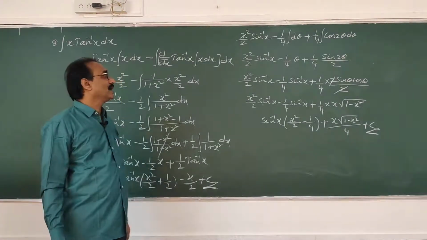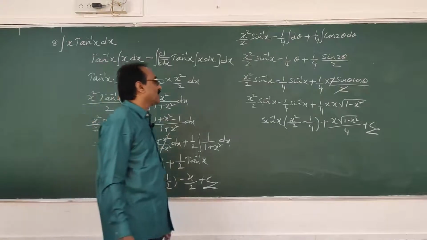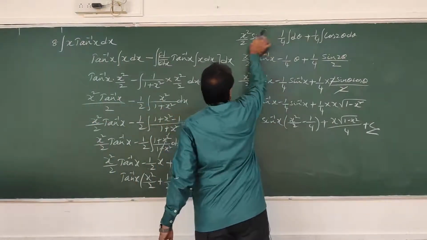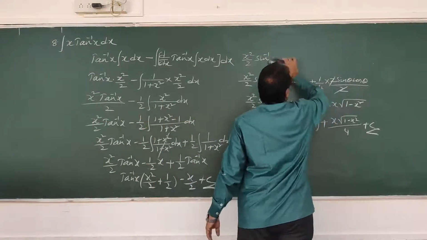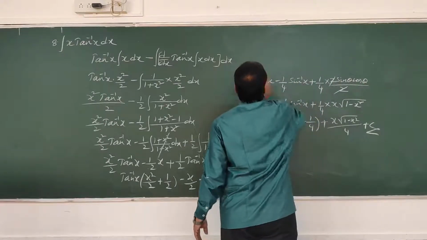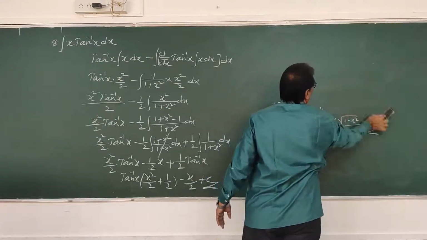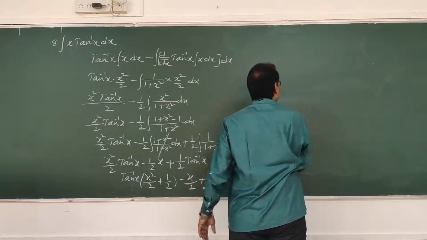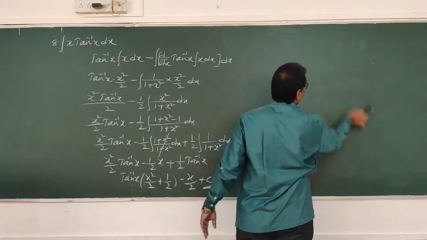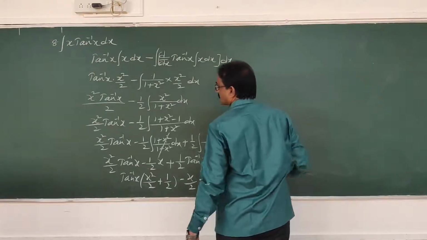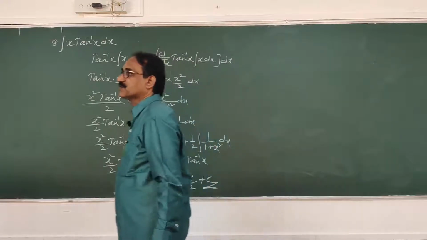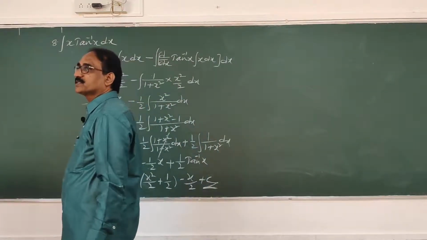Okay, now let us move to the next problem, x cos inverse x. I feel you can do that because if you practice x sin inverse x, x cos inverse x is the same method. But what is the difference? That is minus only. The derivative of sin inverse x is 1 by root of 1 minus x square.